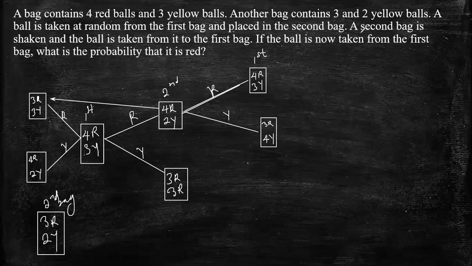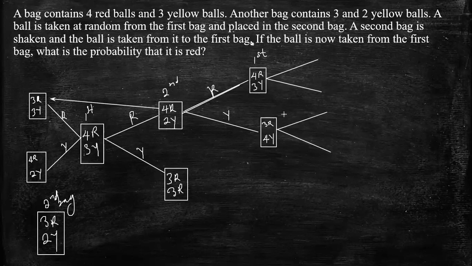Our statement now says, if the ball is now taken from the first bag, so we are now picking from the first bag, what is the probability that it is red?